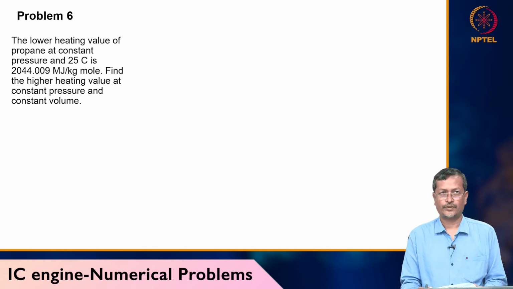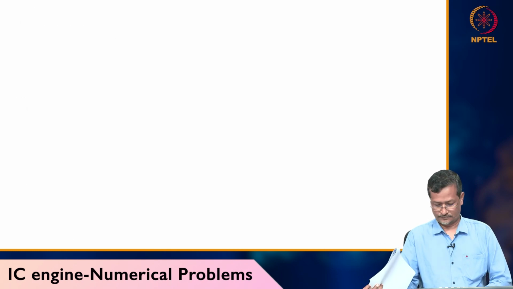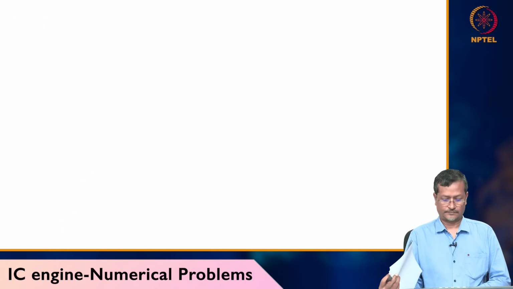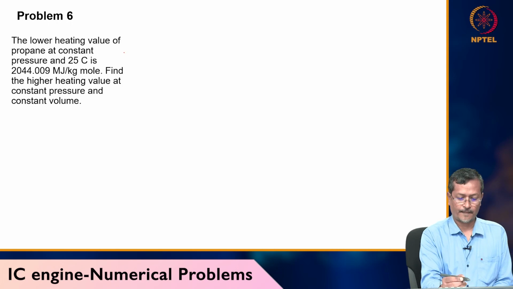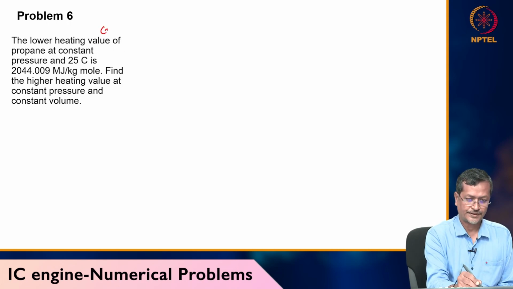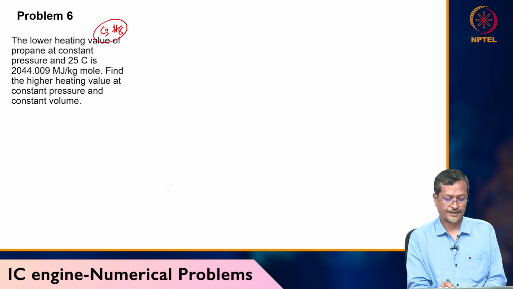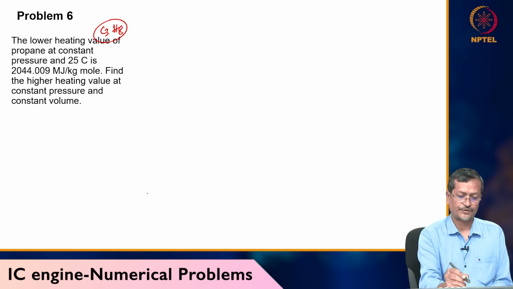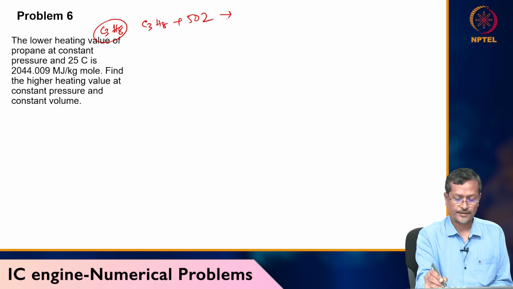Now you will go for calculating a lower heating value, the lower heating value of propane. The formula is C3H8. You are burning it with oxygen and it releases heat. The heat released at 25 degrees centigrade is given. First, write down the equation: C3H8 plus 5O2 gives 3CO2 plus 4H2O.